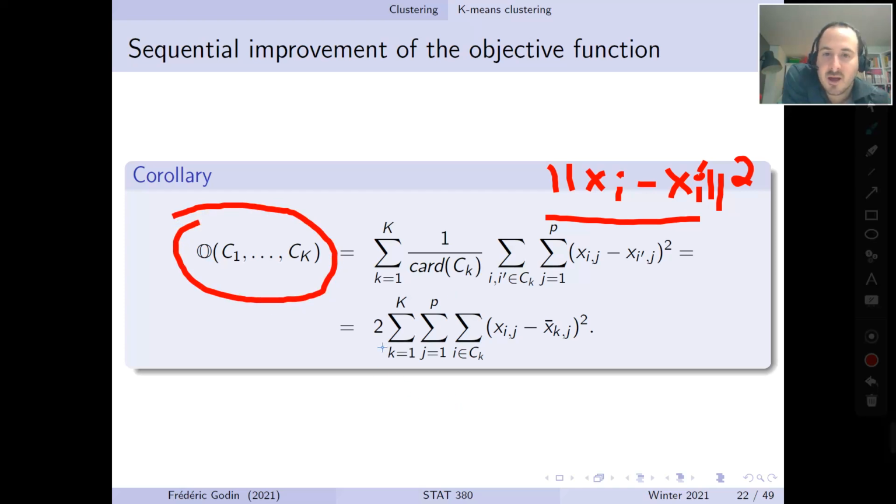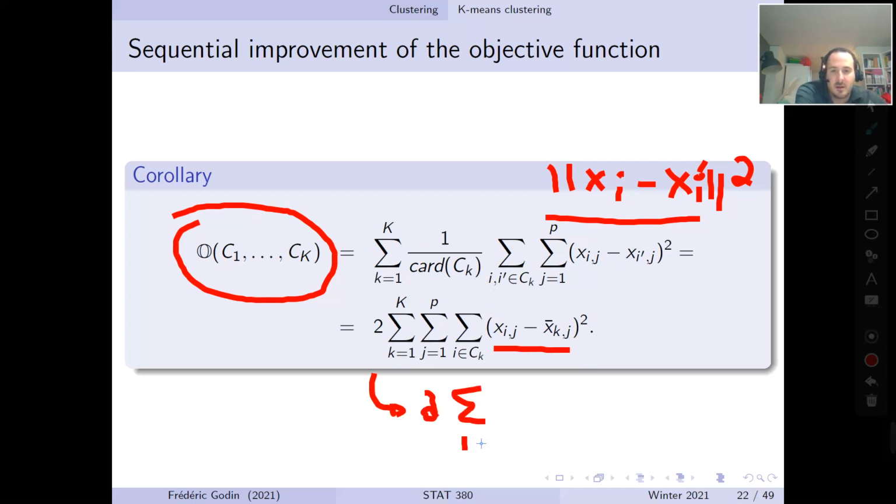So it's twice the sum across all clusters, and the sum across all predictors, and sum across all observations within that predictor of the squared difference between the jth predictor of observation I and the sample average of predictor J in cluster K, squared. So we see that our original function can be rewritten in an alternative way, and sometimes it's easier to see it like that.